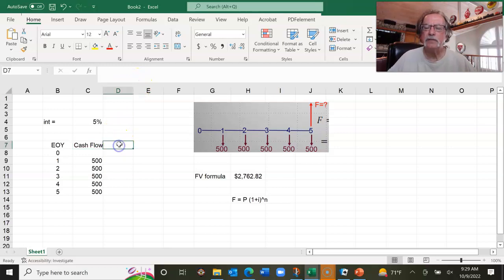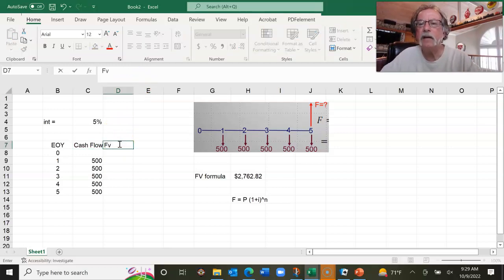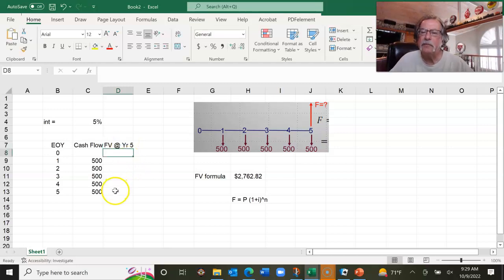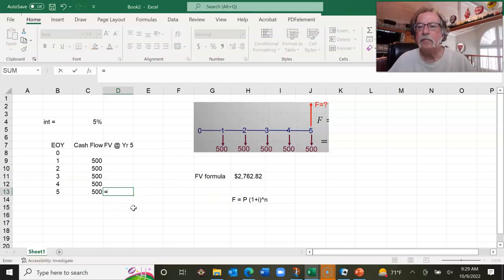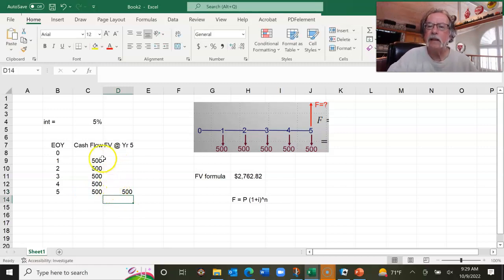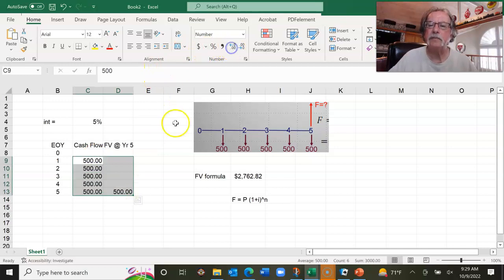What we can do is the future value at year 5. Okay? And so this is going to be 500. Let's give these 2 decimal points just so we don't get messy.